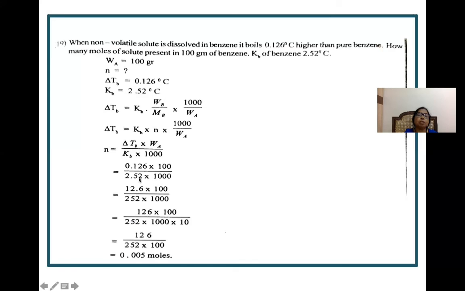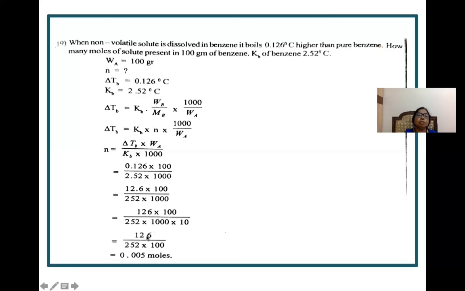Substituting all these values, we get 12.6 into 100 divided by 252 into 1000. Here we take out the decimals. Next, 126 into 100 divided by 252 into 1000 into 10.